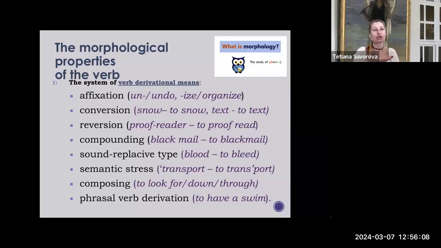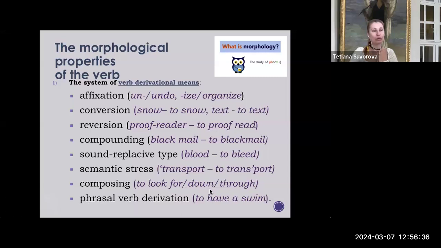While in speech, of course, it's clearer because we express this difference in language function and language units by means of the stress. Transport, to transport. By this we understand that we are dealing with two different parts of speech.